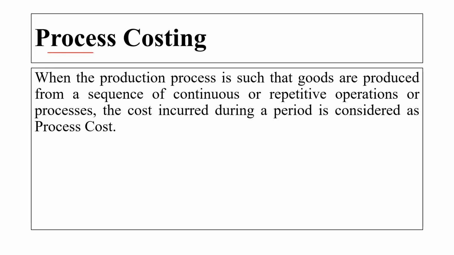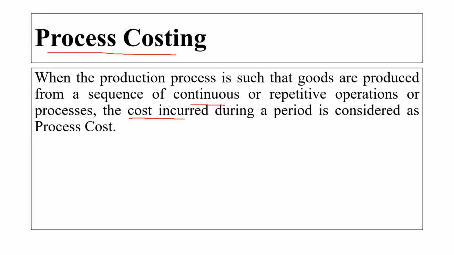There is a process costing. When the production process is such that goods are produced from a sequence of continuous or repetitive operations or processes, the cost incurred during the period is considered as the process cost. Okay. Now here the process costing is employed in the industries where the continuous process of manufacturing is carried out, where we are continuously manufacturing the product.